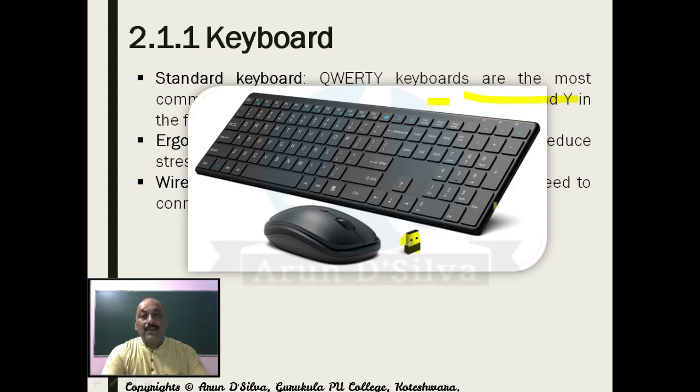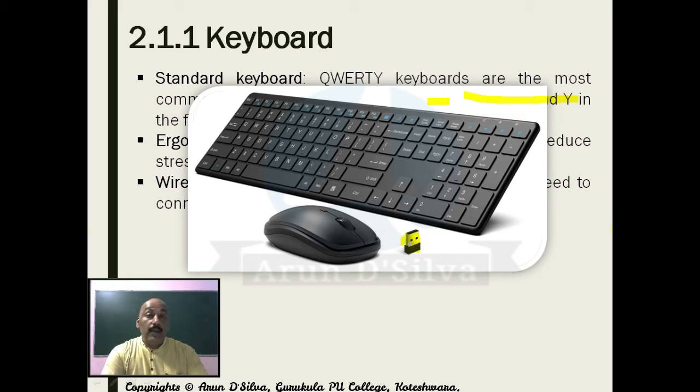It is a receiver or transmitter, both. This will be connected to the computer. Whenever you input something from this keyboard, this receiver receives it. Whatever key you press, the ASCII code will be generated and this device receives it and sends it to the computer.